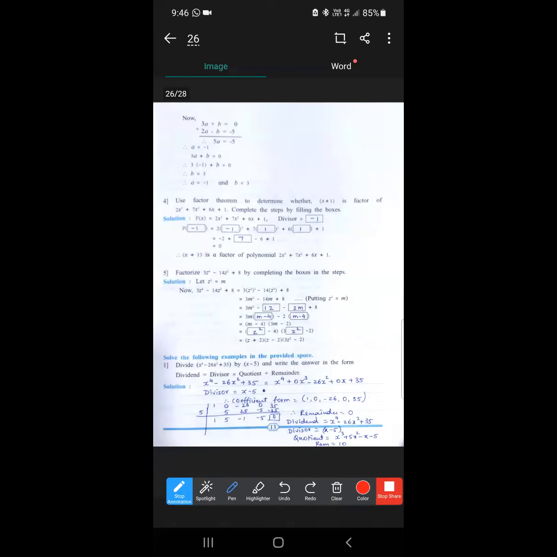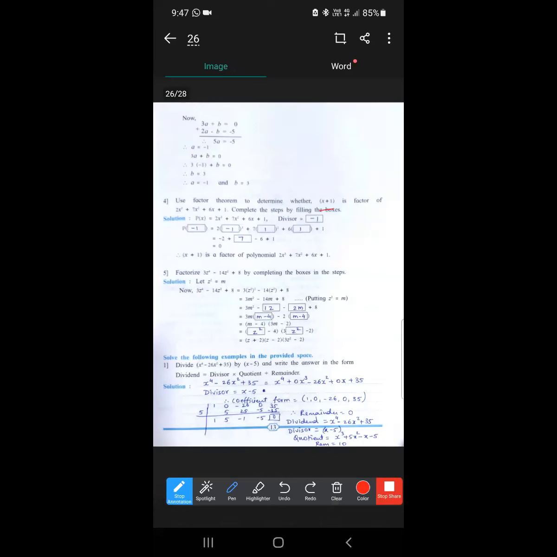Now in this chapter, students, you will get 3 methods to carry out the division. One is the factor theorem, remainder theorem, and synthetic division. And if you use any one of these 3 methods, you will get the same answer, same remainder. Now your factor theorem, to determine whether x plus 1.